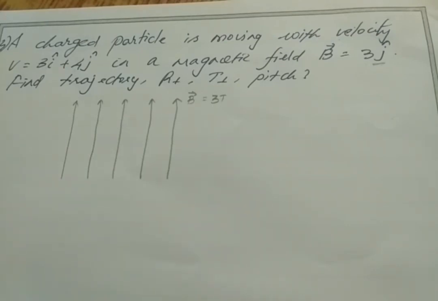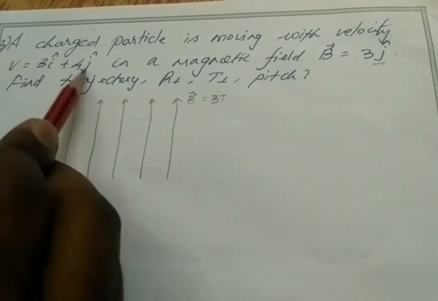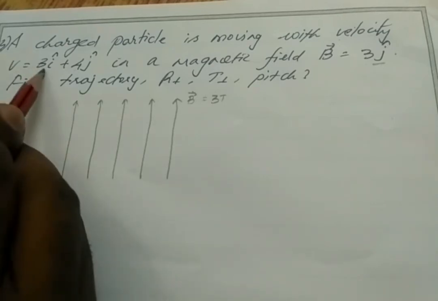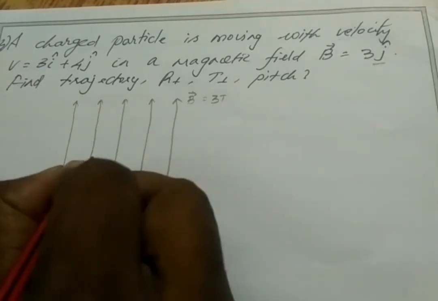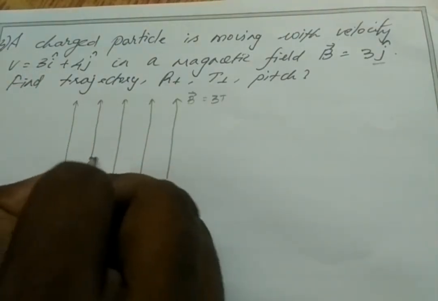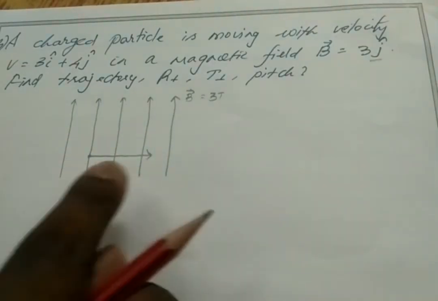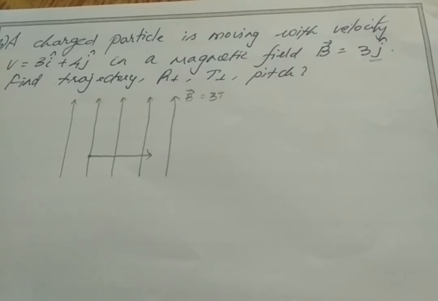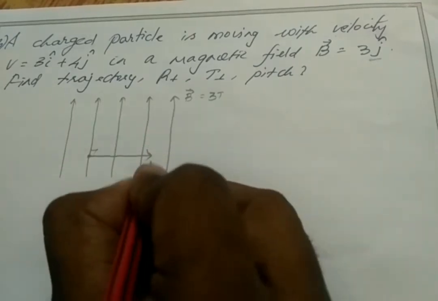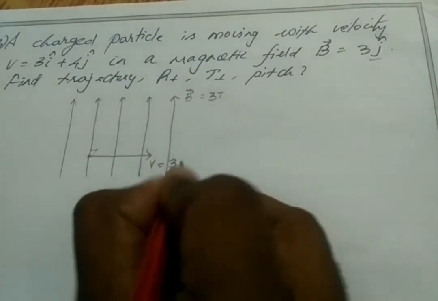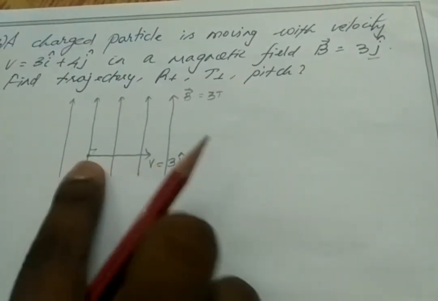Just imagine. Here we have two components, x-axis and y-axis. If I take the x-axis component, then it will move like this. So is this parallel or perpendicular? Definitely perpendicular to the magnetic field. It creates an angle of 90 degrees with the magnetic field. So the velocity here is perpendicular to the magnetic field.